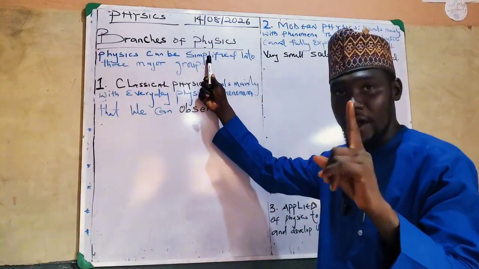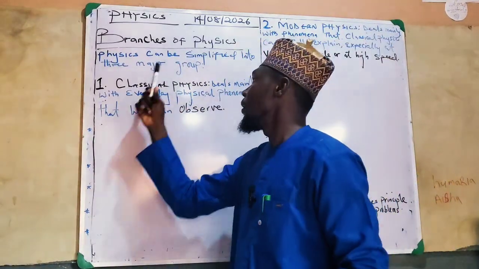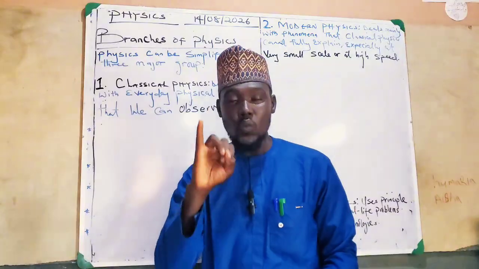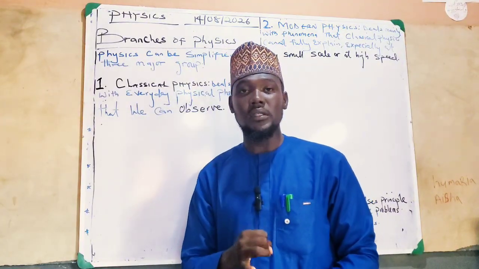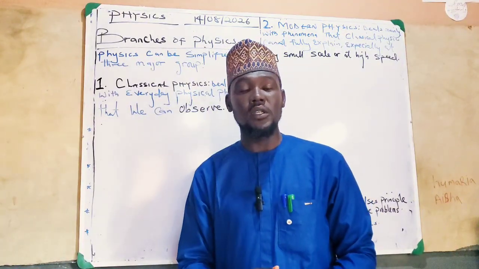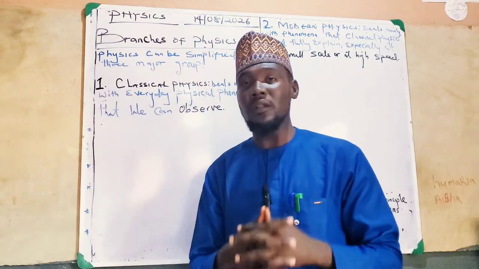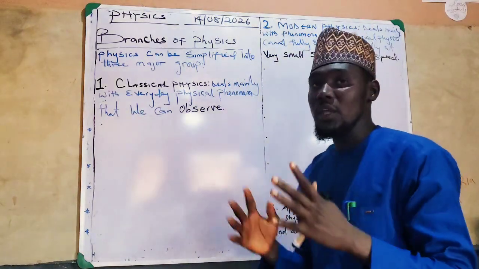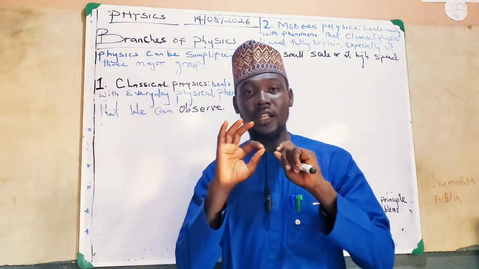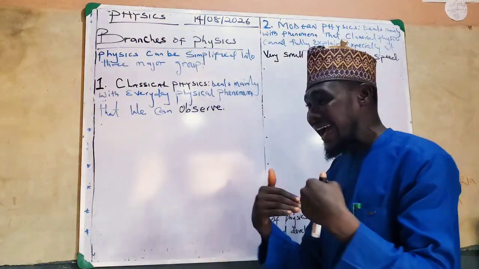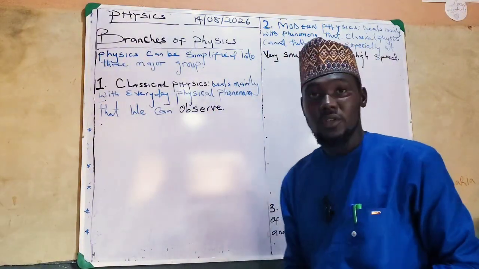Physics can be simplified into three major groups: the classical physics, modern physics, and applied physics. The classical physics deals mainly with everyday physical phenomena that we can observe.